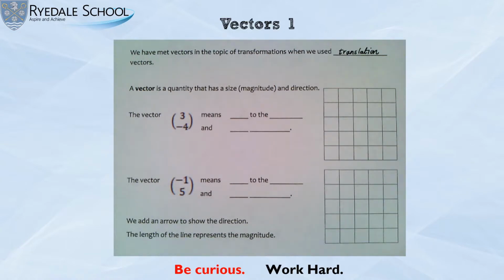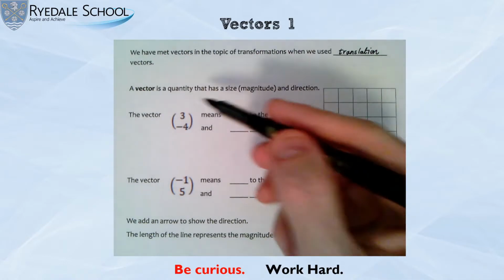A vector quantity has magnitude and direction, whereas a scalar quantity only has size. For example, a scalar quantity could be speed, whereas the vector equivalent, the vector quantity, would be velocity.